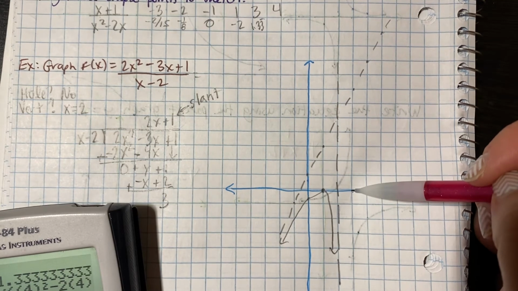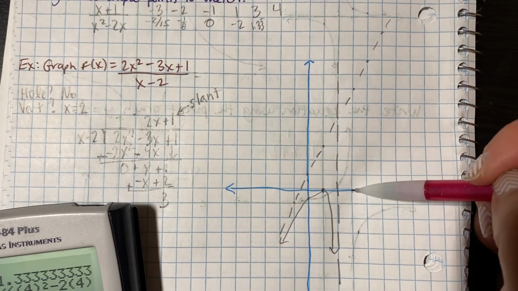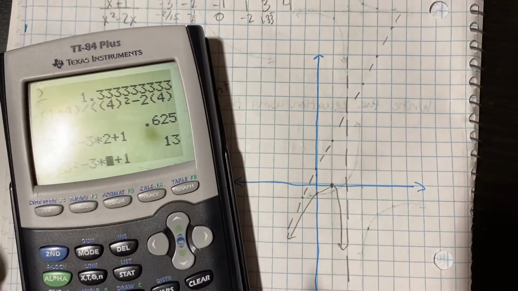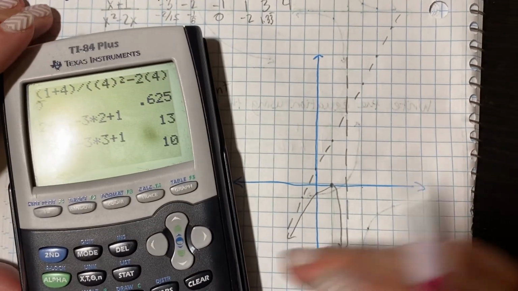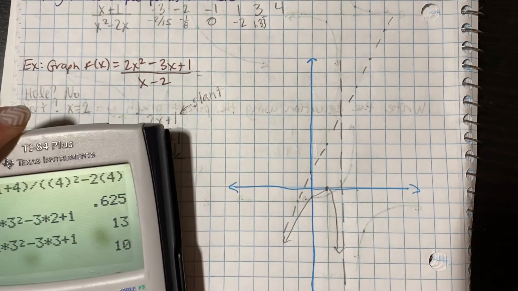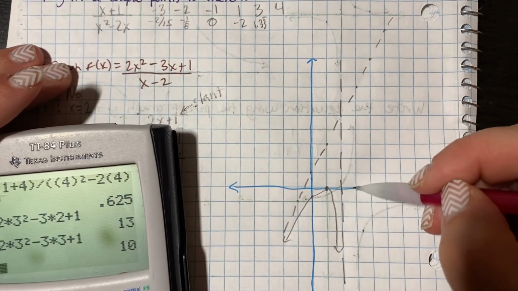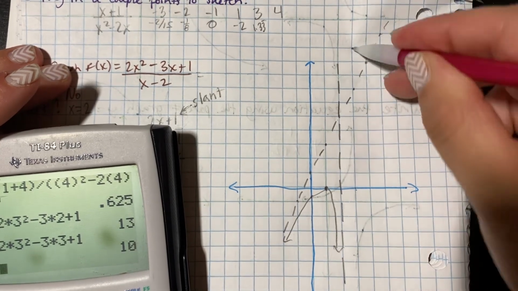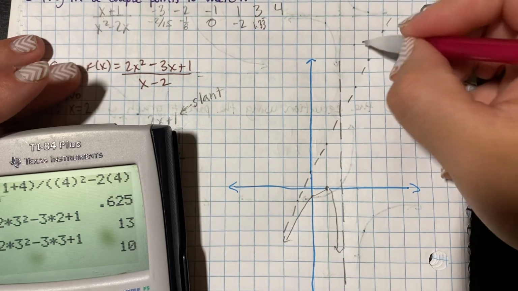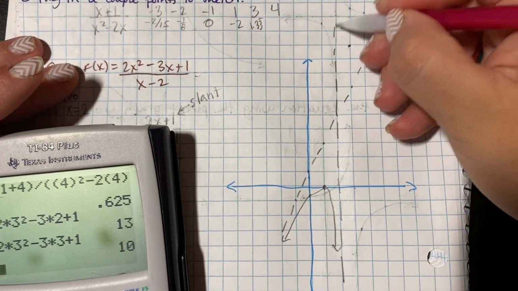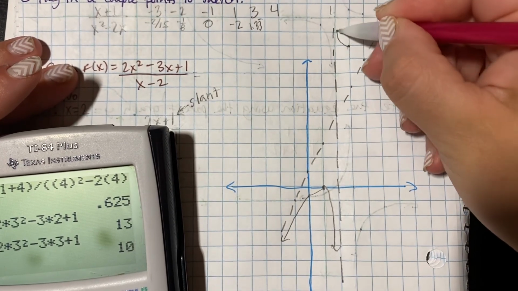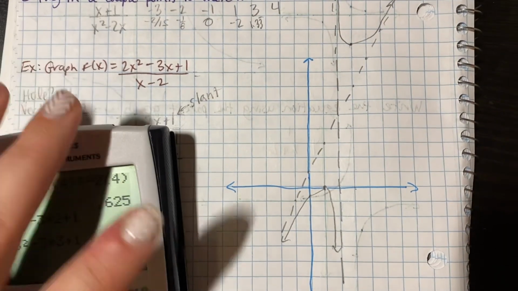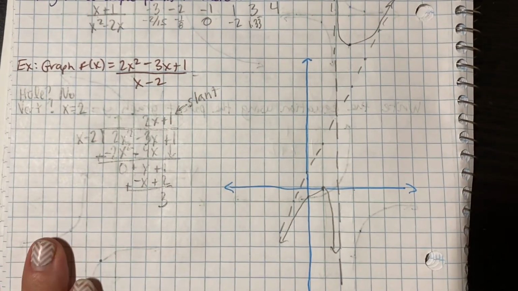And I plug that in right? 3 squared. Oh, nope. I didn't. This should have been a 3. That time I got 10. That looks like about right. Okay. And then it's going to go something like this and this. All right. So that's what it looks like.